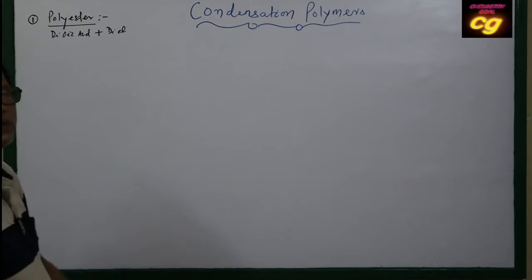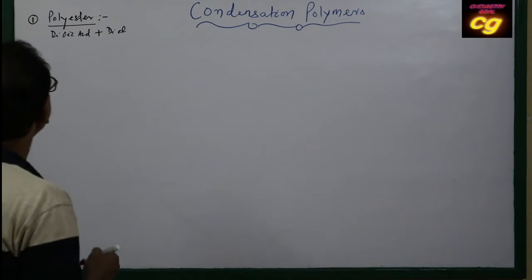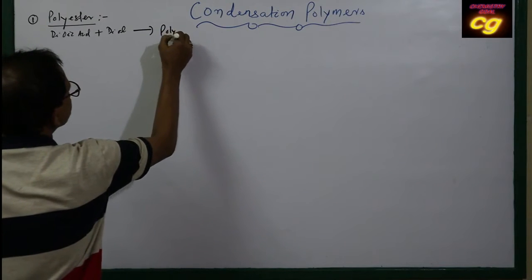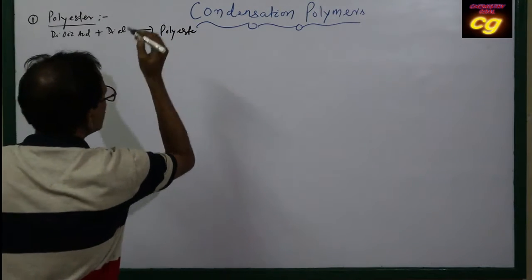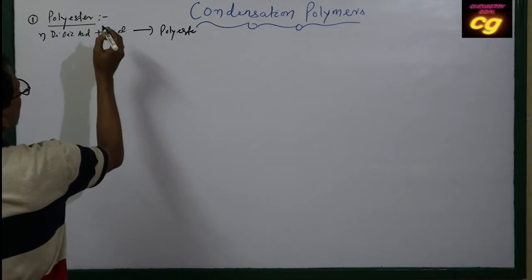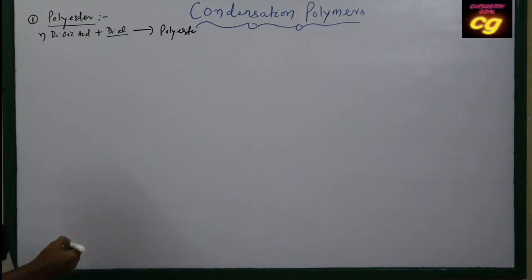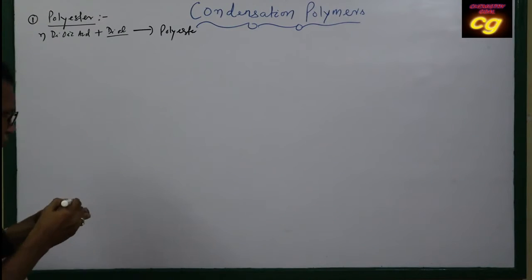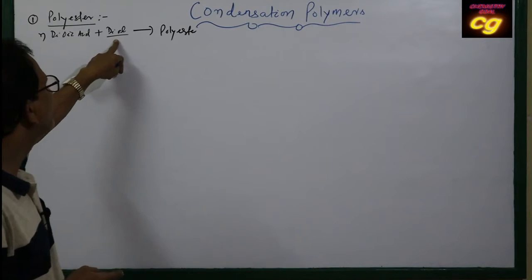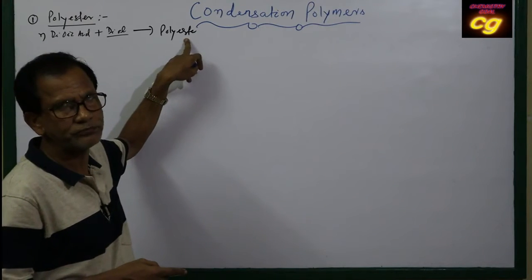When two or more bifunctional monomers combine, it produces polyester. To get polyester, it should be n number of each. When n number of dioic acid combine with n number of diol, polyester is formed.